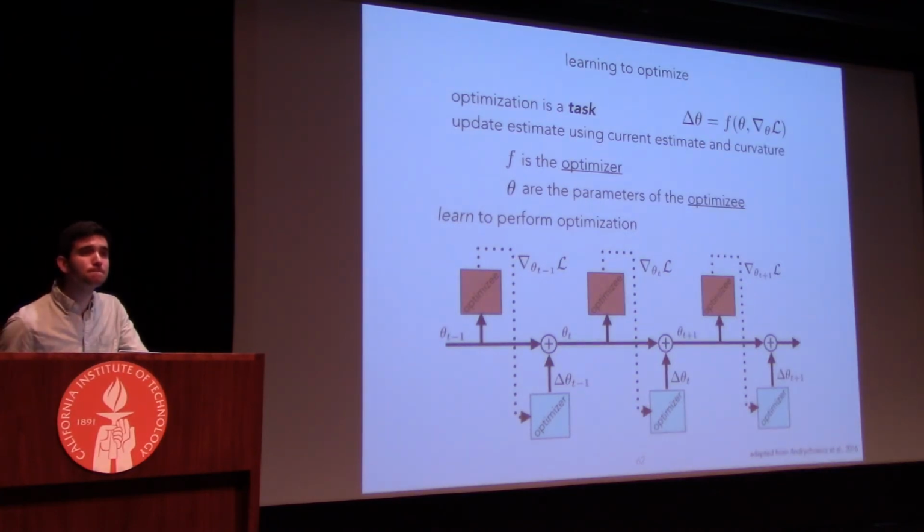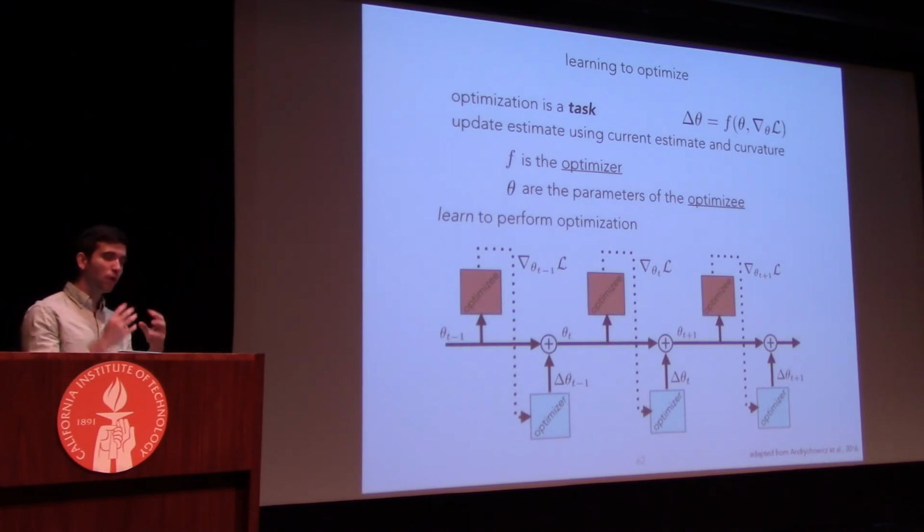With this kind of setup, would you have to relearn an optimizer for any given optimization task? It's interesting because you actually don't. There's a paper at the bottom here by Andrychowicz et al. 2016, where they showed that you could train an optimizer to optimize the parameters of a network for learning how to classify MNIST, which is this handwritten digit data set.